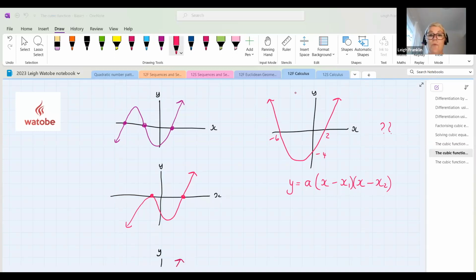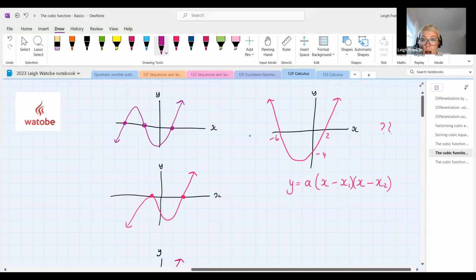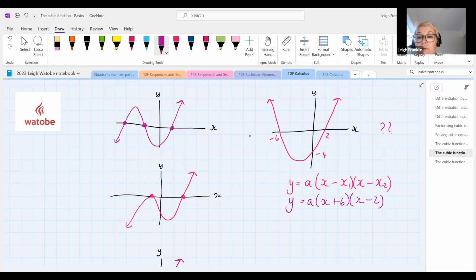Yes, cool. So now the same idea gets applied to cubic functions. If you recall in grade 11, this is what we did. We subbed in our roots, so we wrote y equals a, x plus 6, because it's minus 6, x minus 2. And then we used the other point that lay on the line.